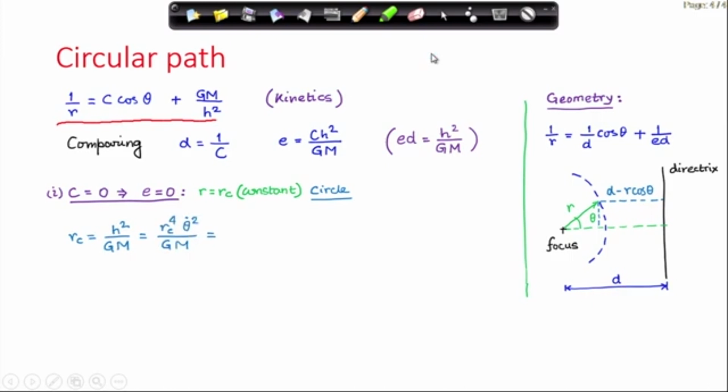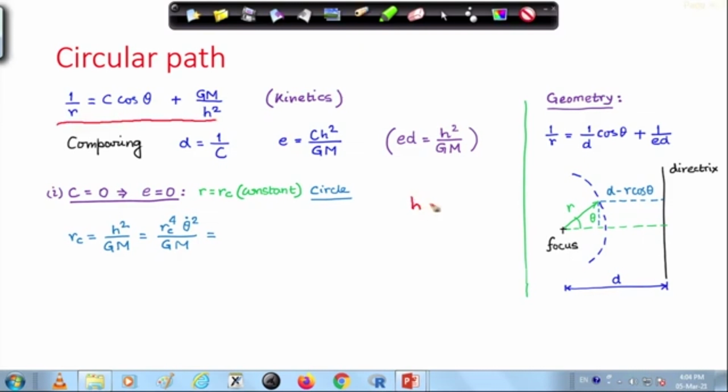We know that h is r c square theta dot, where r c is the radius of the circle. Therefore, h square is r c to the power 4 theta dot square, divided by g m.